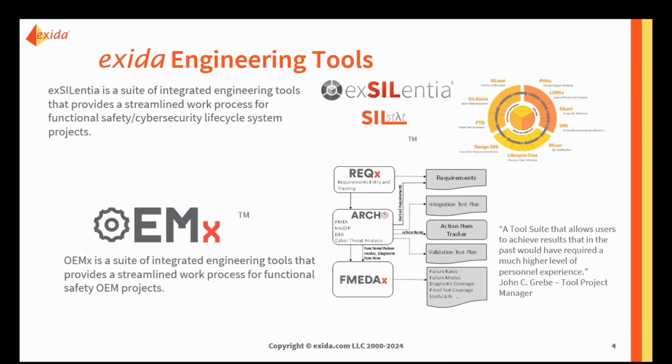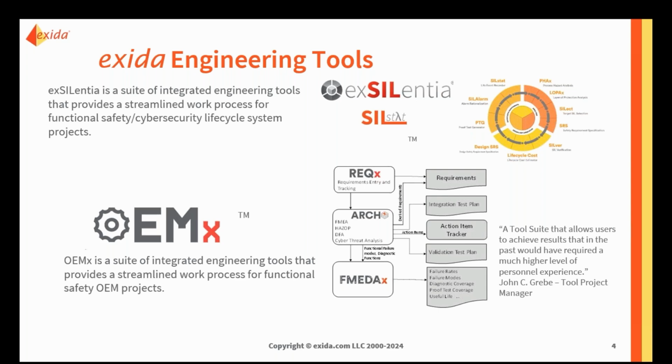Among many other things, Exida offers 2 lines of engineering tools, actually more than that. But the 2 major ones are Excellentia, which is a suite of integrated engineering tools for end users, the people who use the products that you, the FMEDA analysts, are developing or your clients are developing.